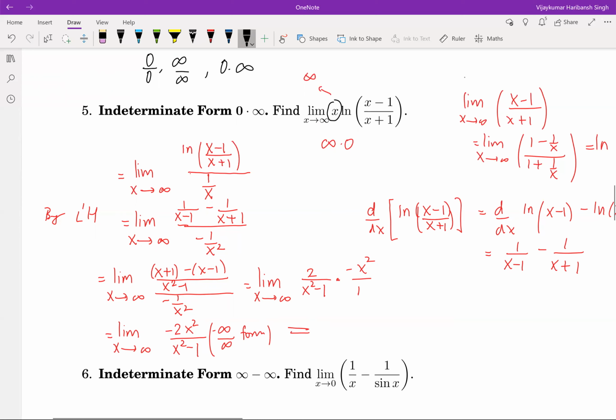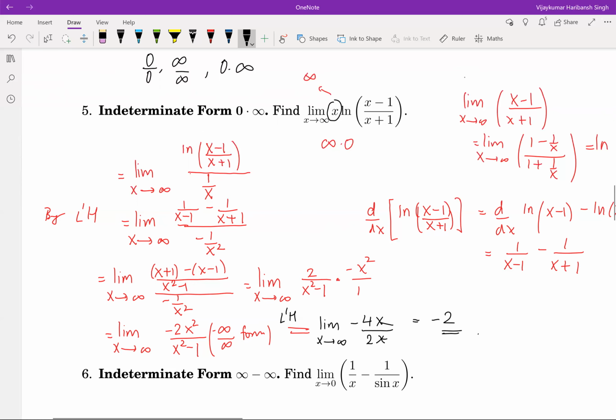So limit as x goes to infinity, derivative of top is minus 4x, derivative of bottom is 2x. These can cancel off. The answer is minus 2. So this is another problem done.